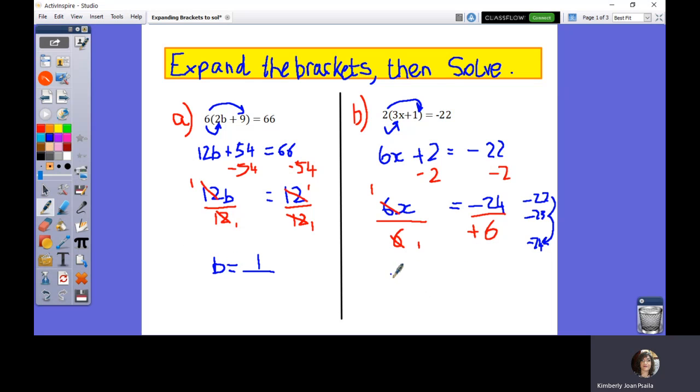Here we are left with x. Minus divided by plus gives us minus. 24 divided by 6 should give us 4, and that should give us 1. So minus 4 all over 1 gives us minus 4. So there you have your final answer.